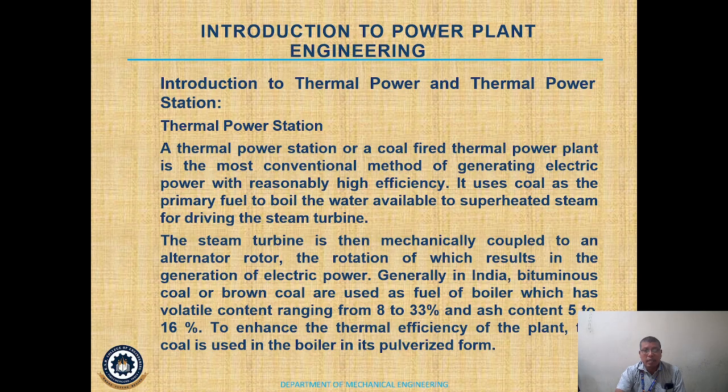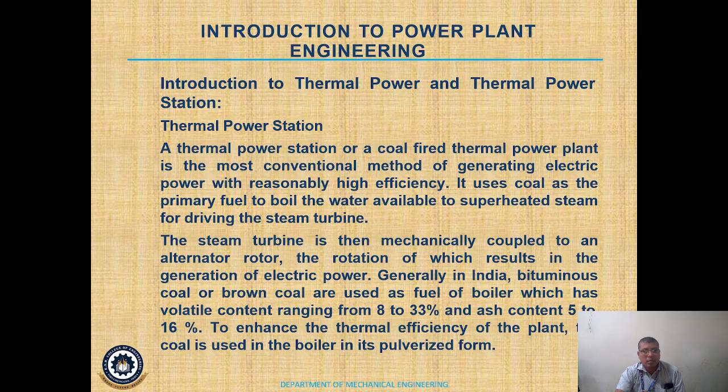The turbine is then mechanically coupled to an alternator rotor, the rotation of which results in the generation of electrical power. Generally, in India, bituminous coal or brown coal is used as fuel for the boiler, which has oil content ranging from 8 to 33 percent and ash content 5 to 16 percent.